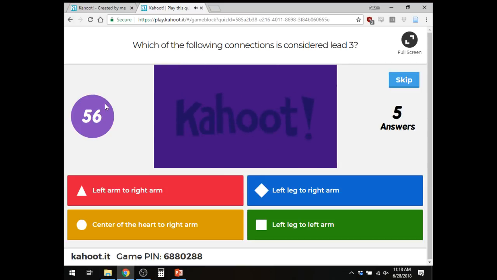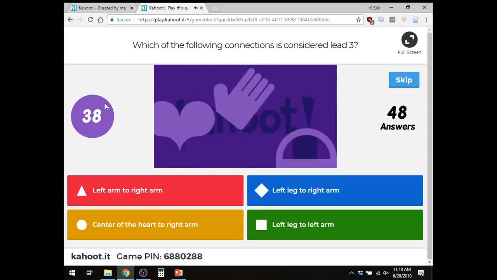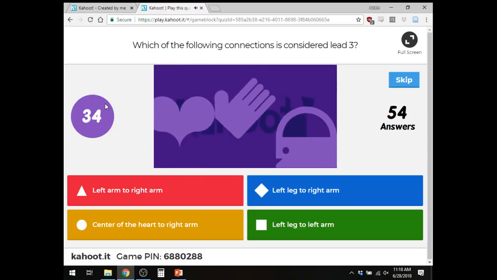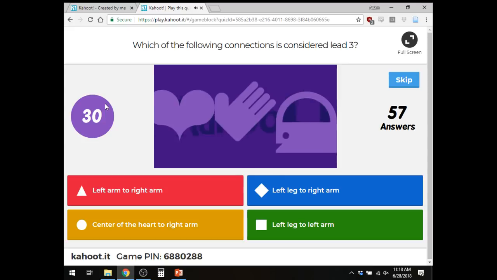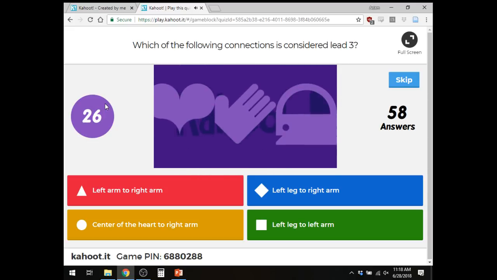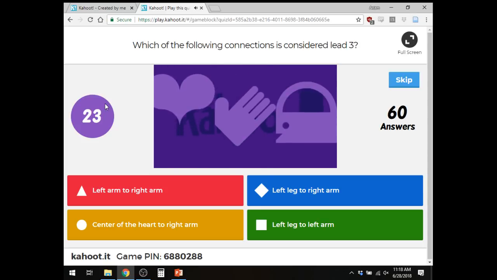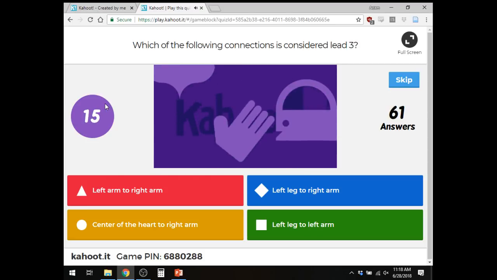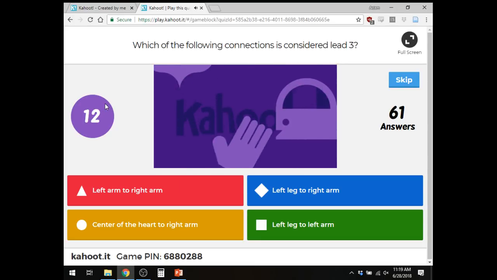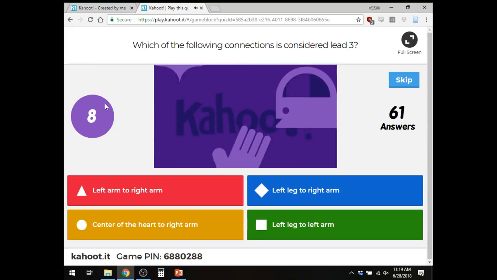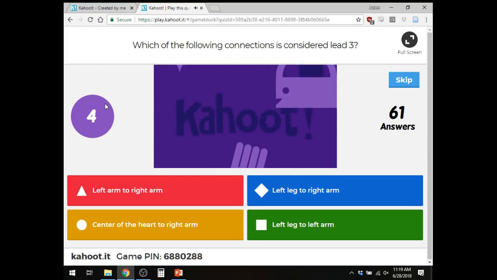Would it be left arm to right arm, left leg to right arm, center of the heart to the right arm, or left leg to the left arm? So one last person, just waiting to the last second, get their answer in.